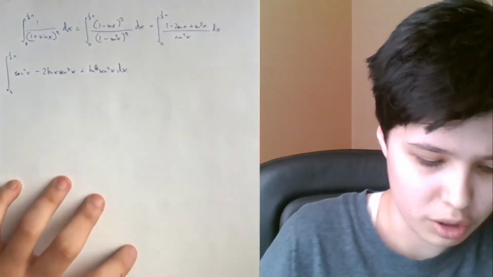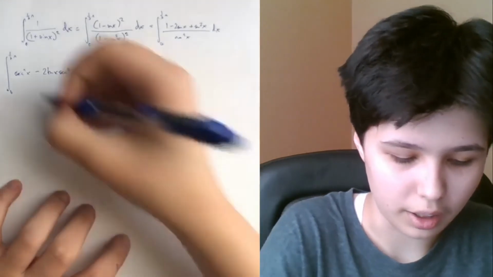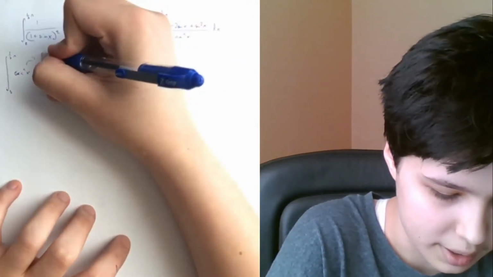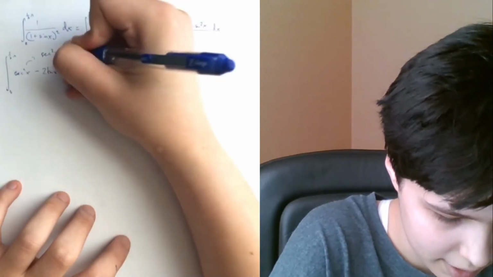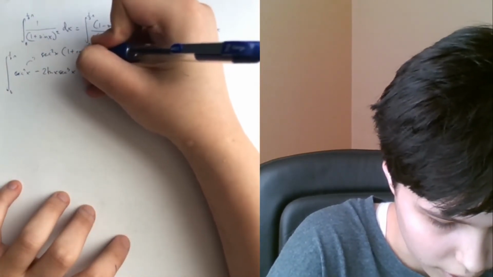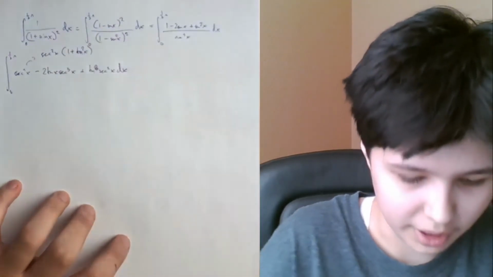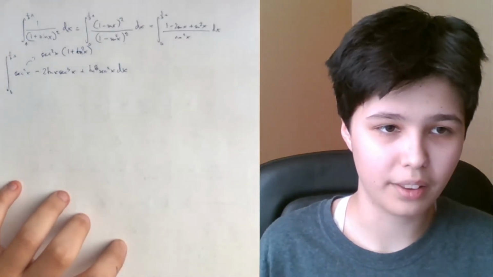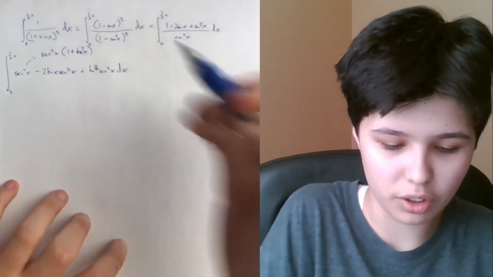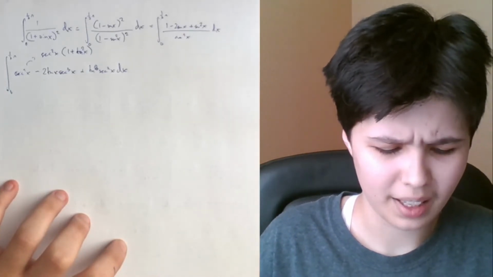Before I do anything, I'm going to convert the sec to the 4 using sec squared x times 1 plus tan squared x, because I'm more comfortable with mixtures of tan x and sec x instead of just sec to the 4.